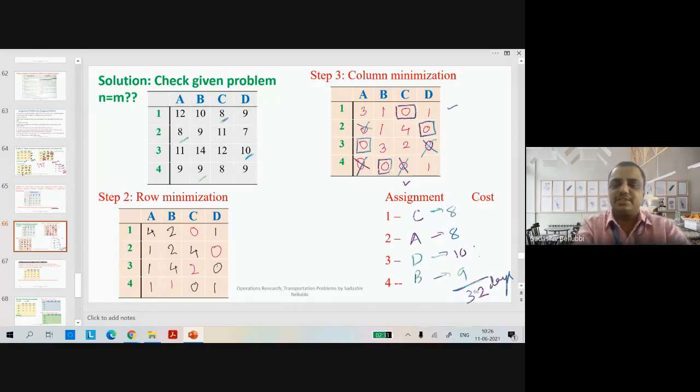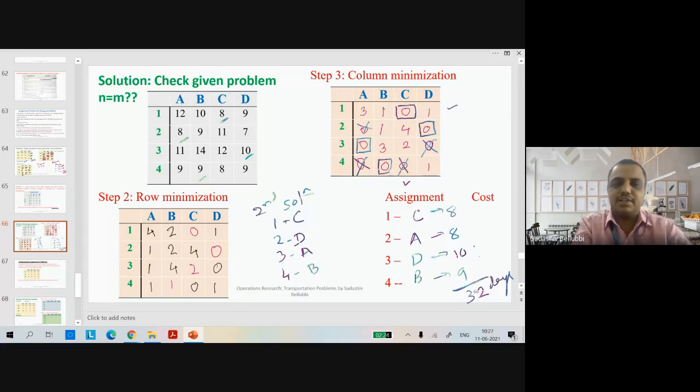In that case, the second solution will be 1 to C, 2 to D, 3 to A, and 4 to B.